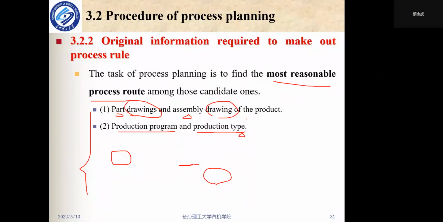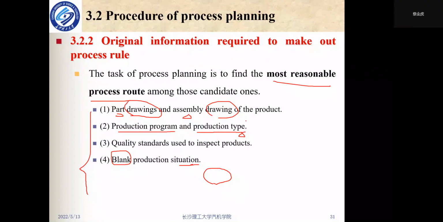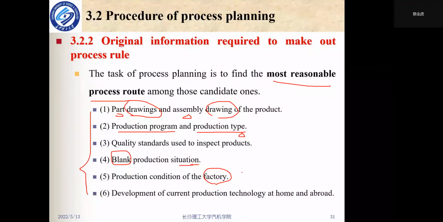The second one is production programming and the production type. The third one is quality standards used to inspect products. The fourth one is blank production situation. And the fifth is production condition of the factory. And the sixth one, the development of current production technology at home and abroad.